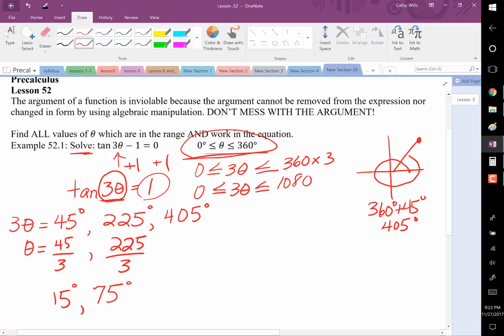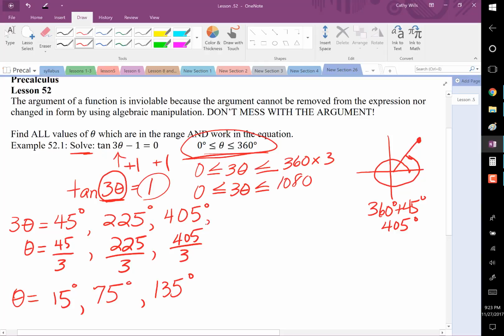Tangent 405 is 1 because tangent 405 is the same as tangent 45. It's the same exact place. I just spun around the circle one time. So that means that theta would be 405 over 3, which is just 135. So that's another value for theta that I got.